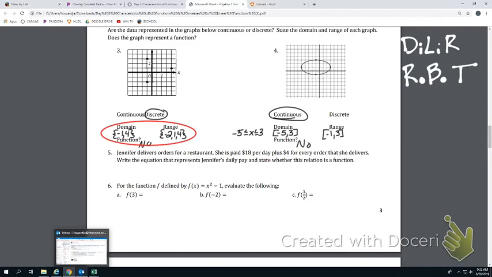What does the D stand for? Domain. What does the L and the R stand for? Left to right. And it's talking about the input. ROBOT. Obviously, the R is going to stand for what? Range. The B and the T? Bottom to top. And it's going to be the list of your outputs.